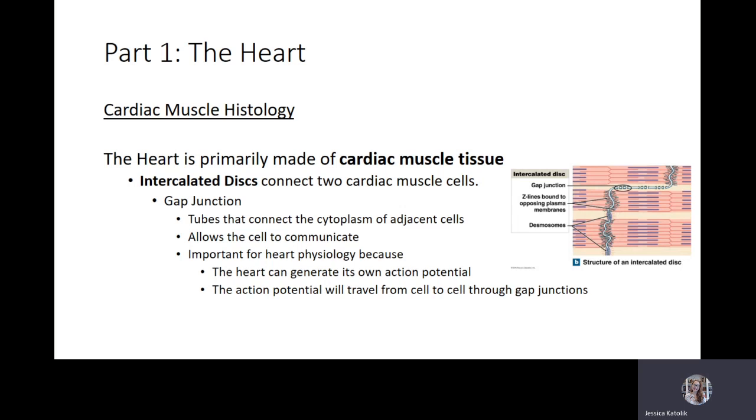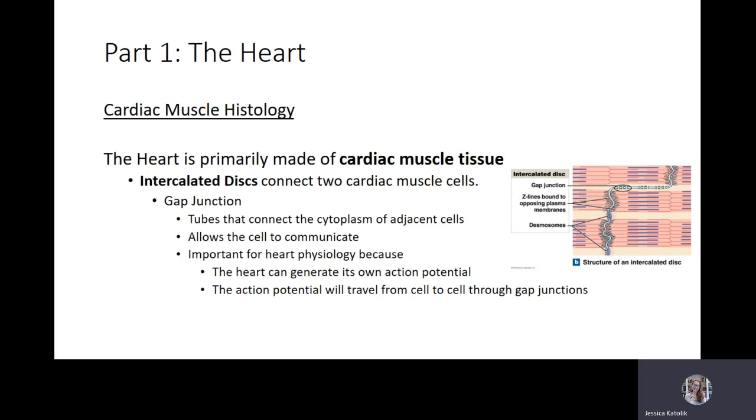Within the intercalated discs, we're going to have 2 important junctions, gap junctions and desmosomes. Gap junctions are going to be proteins that create tubes that will connect the cytoplasm of the 2 cells. This is going to be essential for allowing for communication and is going to be the foundation for cardiovascular physiology.